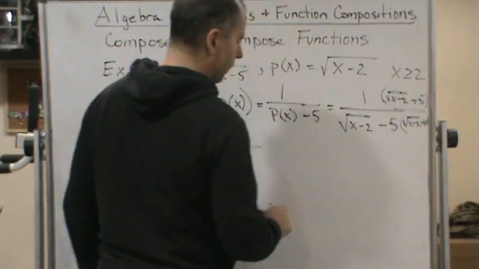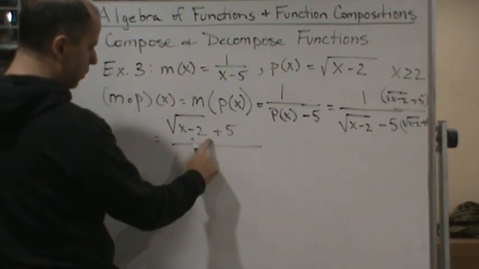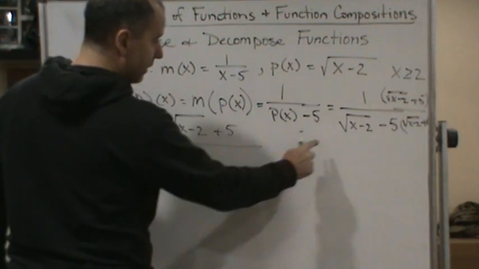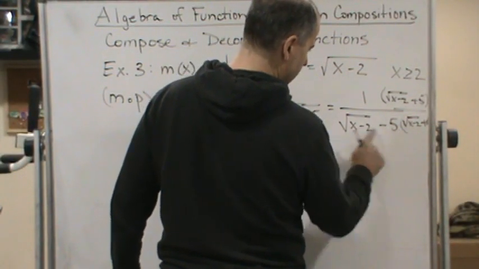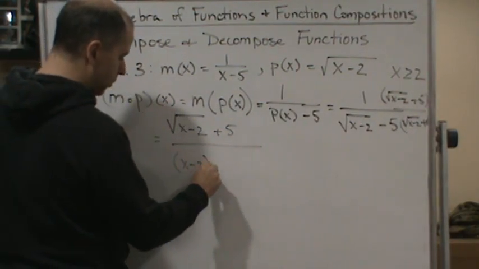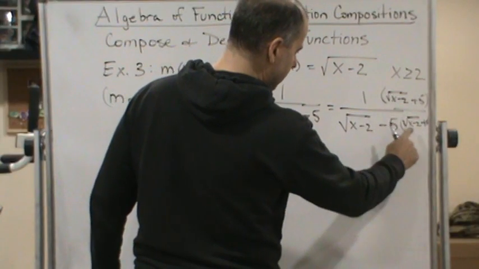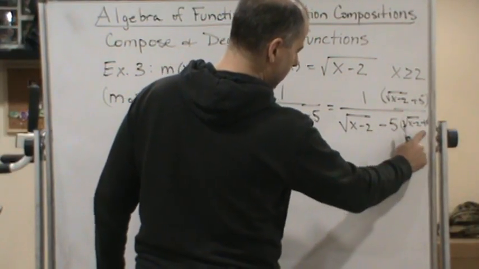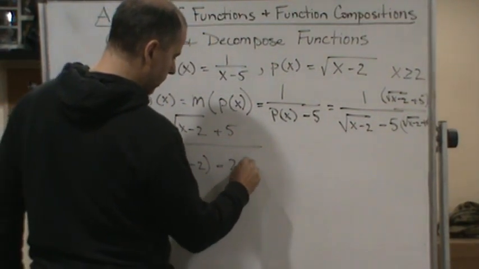And so on the top, I'm just going to get the quantity square root of x minus 2 plus 5. And then on the bottom, the radicals are going to go away. So this times this is just going to give me x minus 2. The middle terms are going to go away, and I'm just going to get minus 5 times plus 5, which is going to give me minus 25.